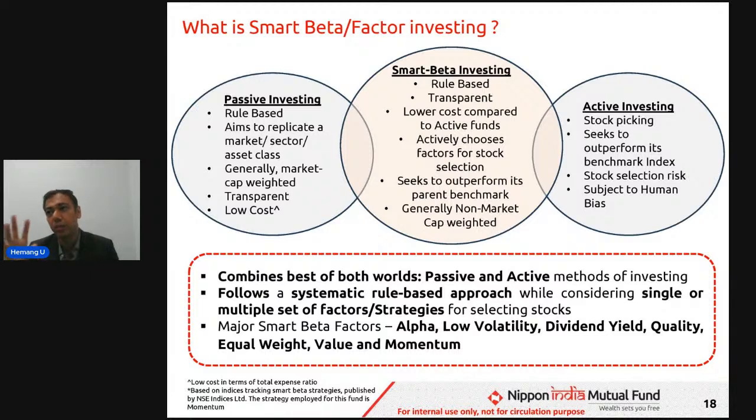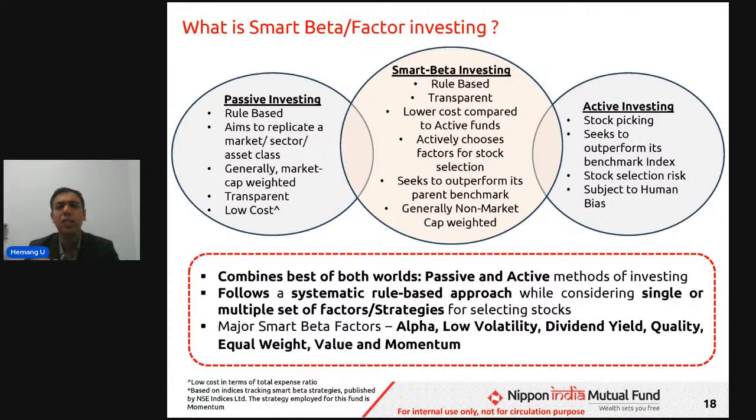I want to give the highest weight to those stocks. So these are factor weighted. So the best value stock will get the highest weight. The best quality stock will get the highest weight instead of it being dominated by market cap. So generally these are non-market cap based. Sometimes there's a mix of it. They can be market cap and factor based together, a weighted average, right? So that is how it is.